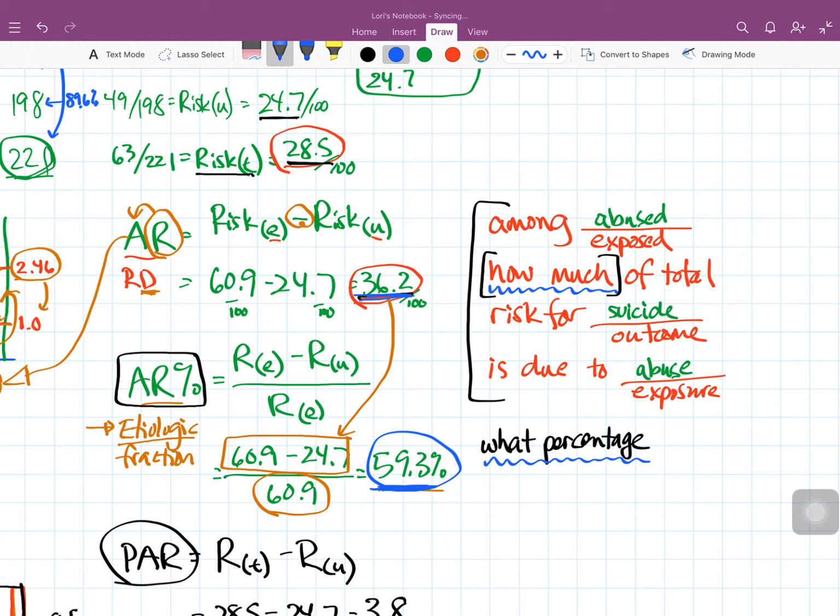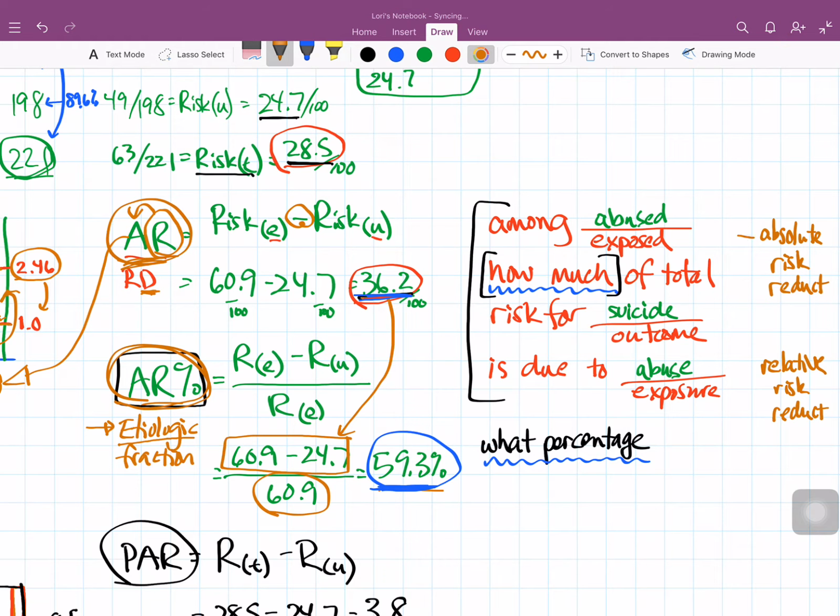If we were looking at these same exact two things, attributable risk and attributable risk percent, in terms of an intervention, like maybe immunizations or health training or that kind of thing, we would call this absolute risk reduction, and we would call the attributable risk percent relative risk reduction.